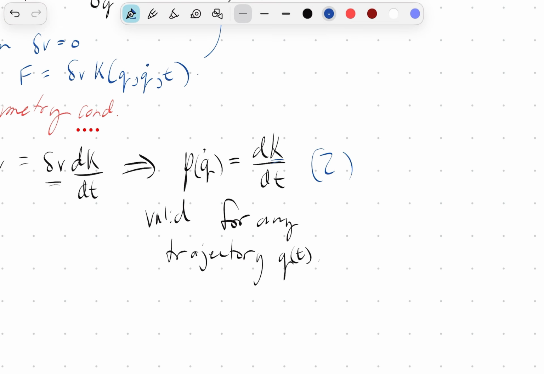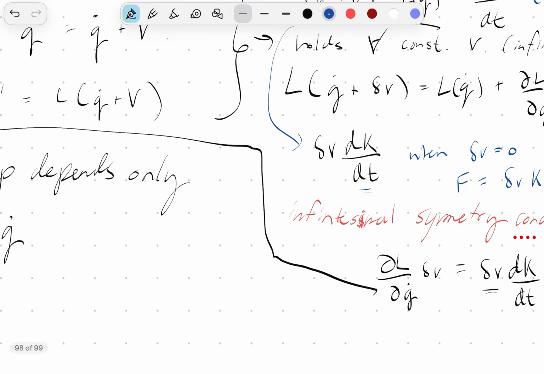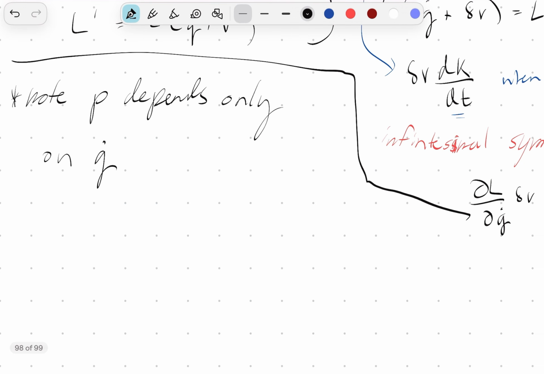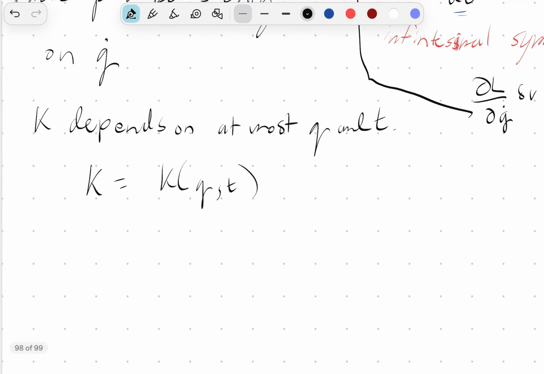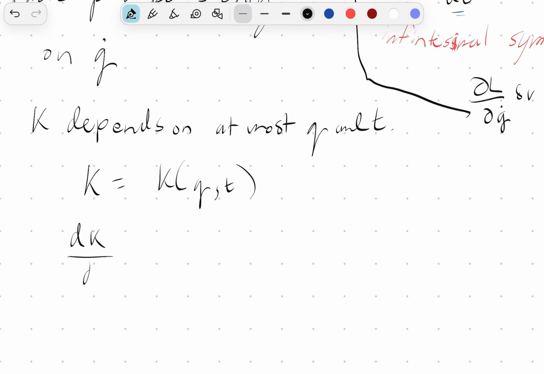K must depend at most on q and t. So K is equivalent to K(q, t). And the total derivative would be partial K over partial q times q dot, plus partial K over partial t.